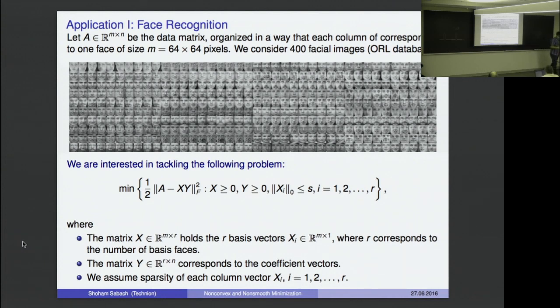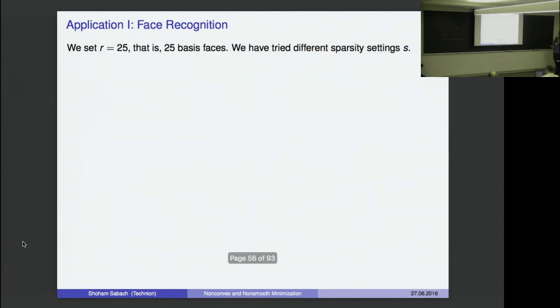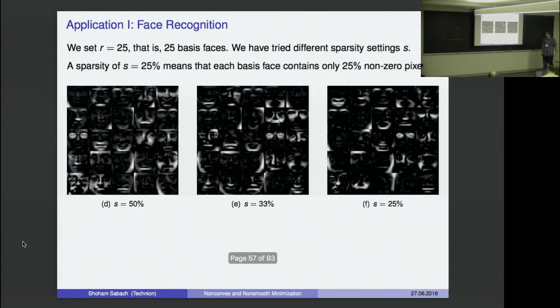You see that in this case, if we take R to be 25, so we want a basis of only 25 faces, and we run IPALM with different levels of sparsity. So we took 25, 33, and 50.